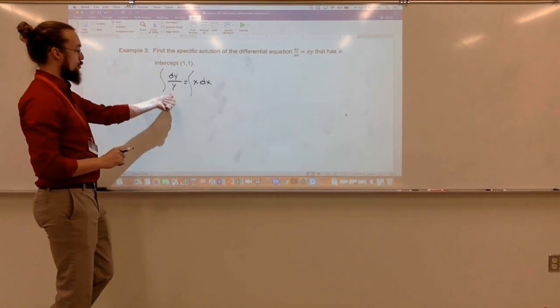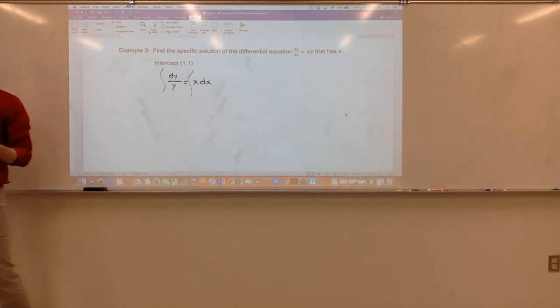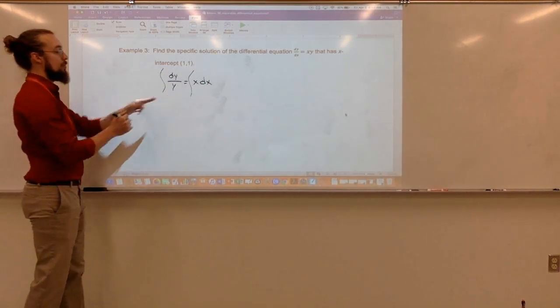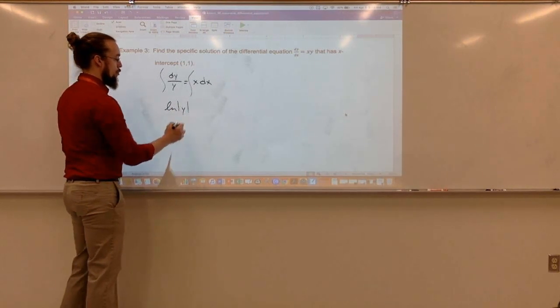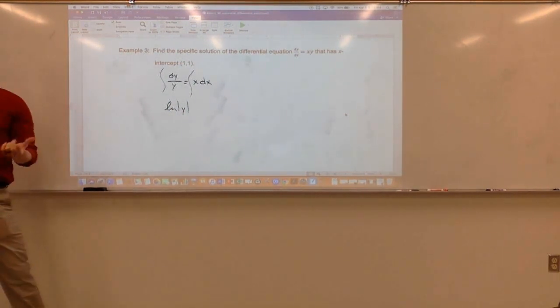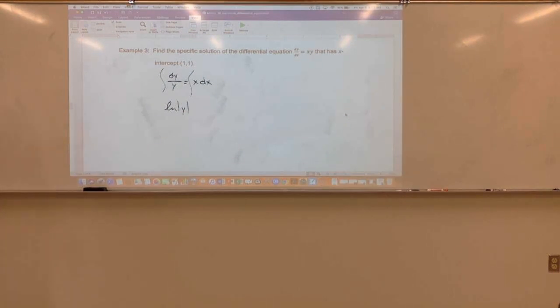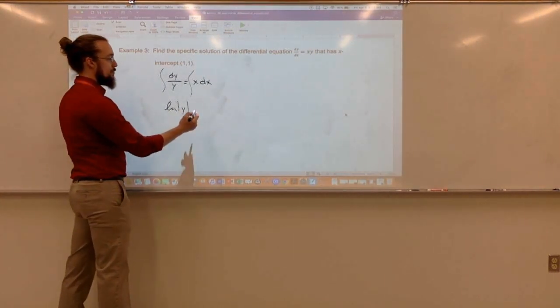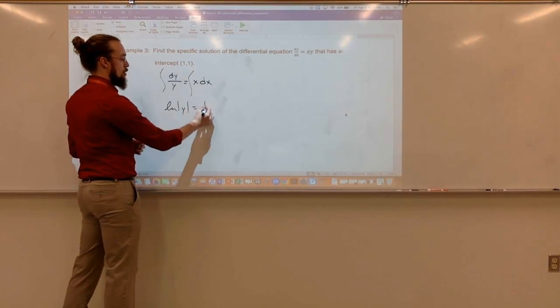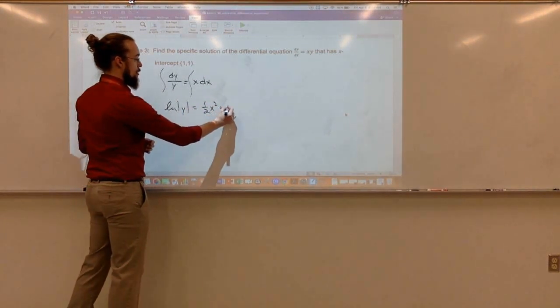Right? We've got du over u, or u prime over u. The antiderivative of that is natural log. So here we would get natural log of y. Okay, and remember, whenever a log is the antiderivative, we need the absolute value. So natural log of the absolute value of y equals 1/2 x squared plus c.